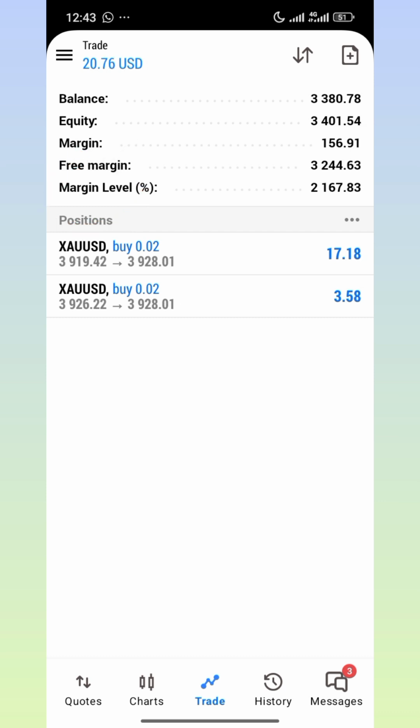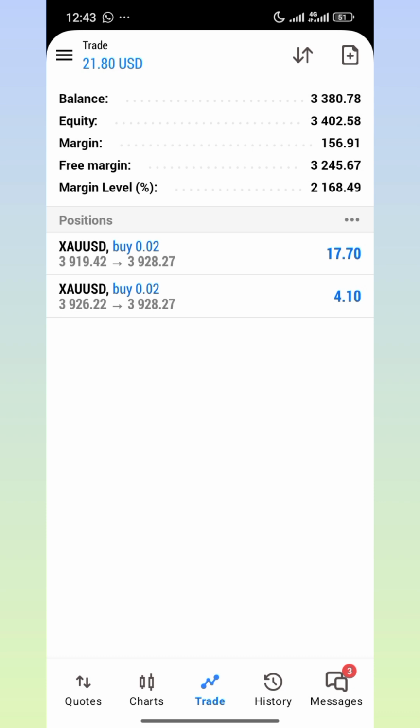Now, every broker has a certain margin level. So whichever broker you are using, the first thing you need to do is to check the margin level, because once your margin level reaches that level, you start having a margin call.